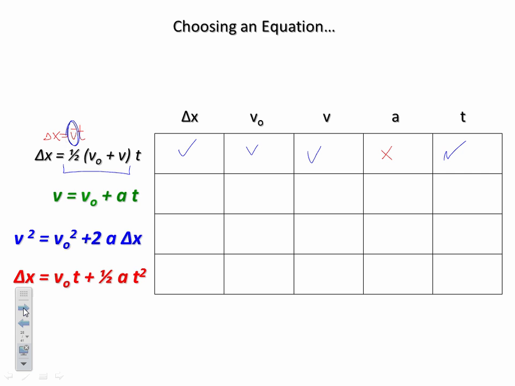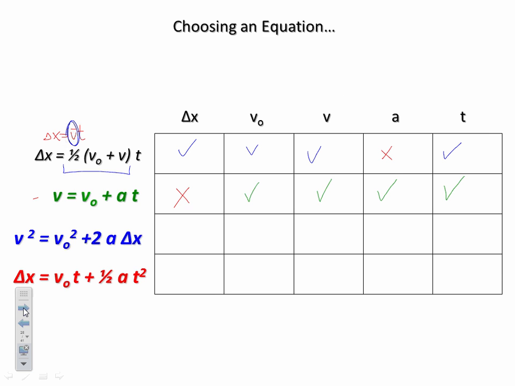So there will be some problems where you're told 3 of these 4, and you're asked to find the 4th, then it's a pretty good idea to use that equation. There'll be some other examples where you're given a V naught and a V and an A and a T, but not anything about delta X. If you're given 3 of these 4 and asked for the 4th, use this equation.